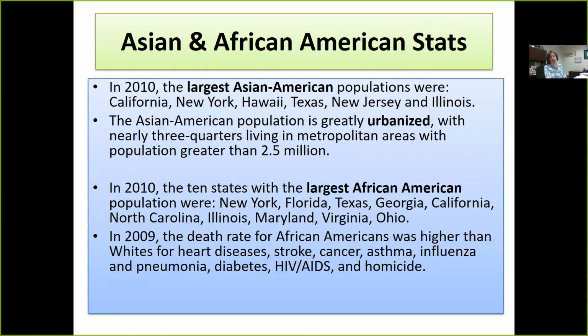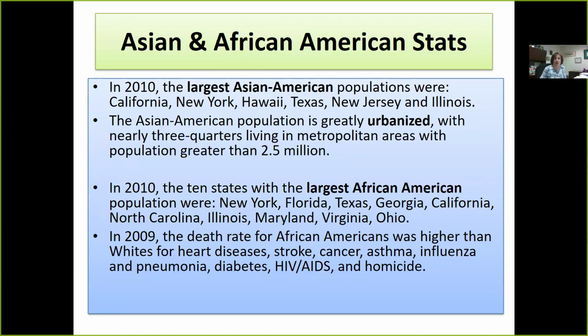And I do know that if you look at the demographics of Las Vegas, there is a higher percentage of Asian Americans that live in Las Vegas than anywhere else in the state.